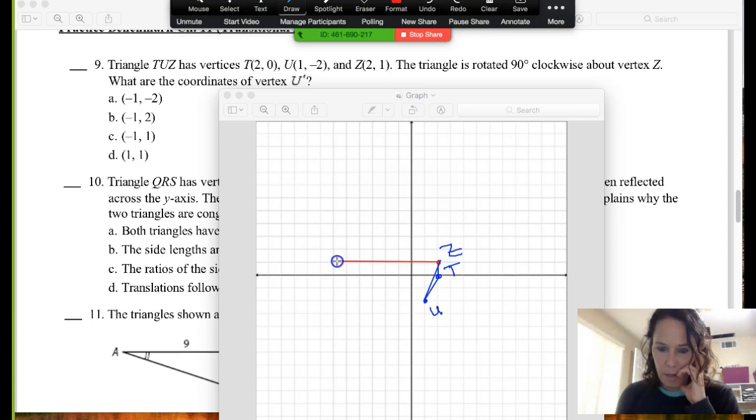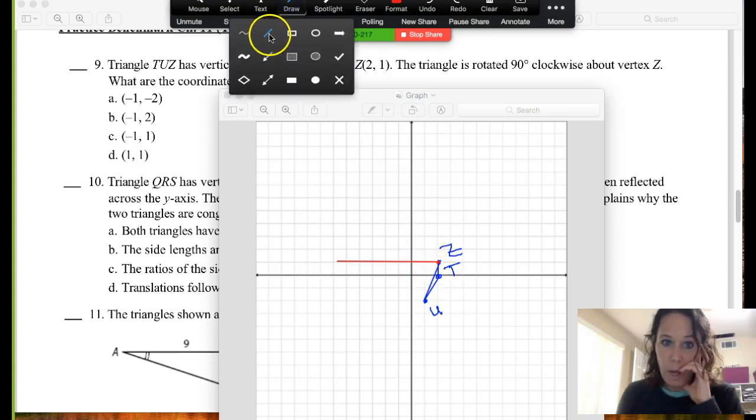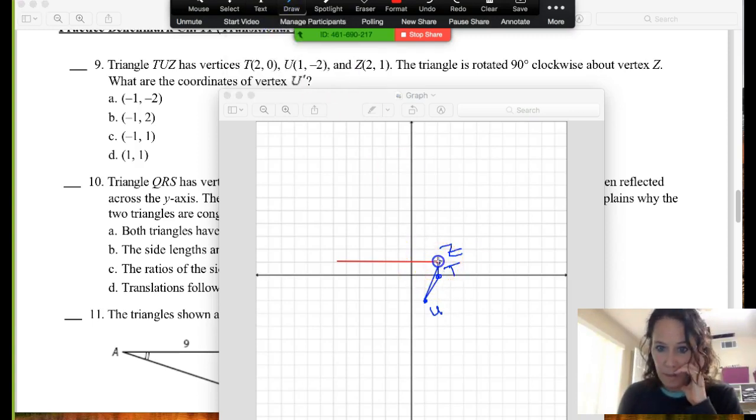If I go from this straight line over to here, this would be 90 degrees. This is an L. I'm going to rotate this up 90 degrees and keep this length the same. So I'm going to take this value T, rotate it 90 degrees and land right there.